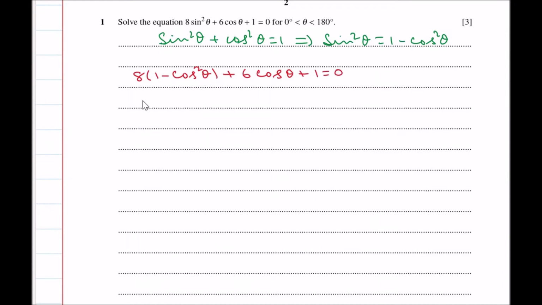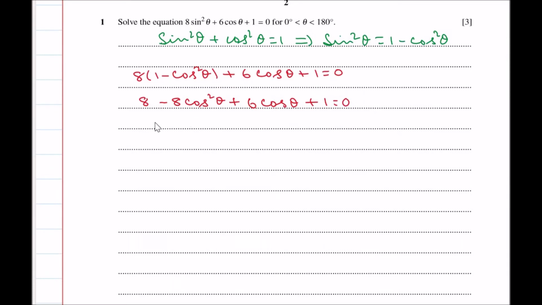Now we will open the bracket. So 8 minus 8 cos square theta plus 6 cos theta plus 1 equals 0.